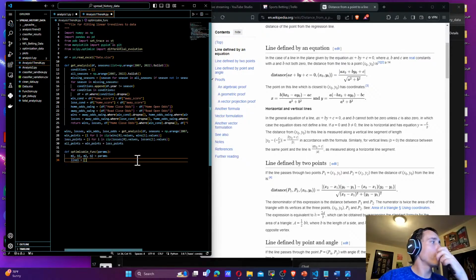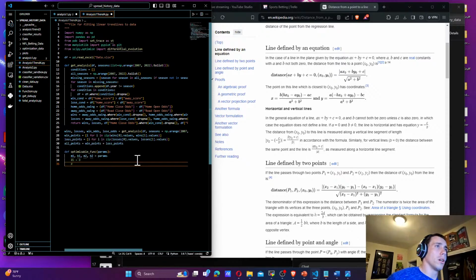Okay, so the first thing is rearrange the line. So ax plus by plus c equals 0. In our case, b is equal to 1.